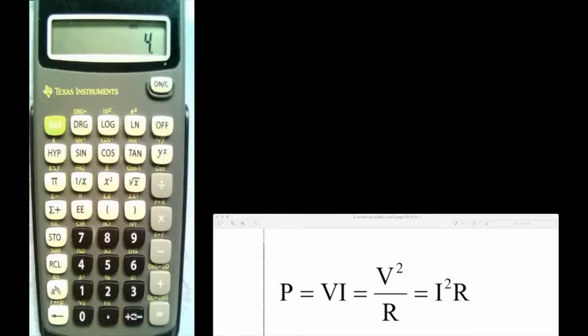I think there's a video looking at how these are derived. Remember that you know that V equals IR, R equals V over I. These should be very familiar to you by now. And I equals V over R. And you know these from the intermediate course.